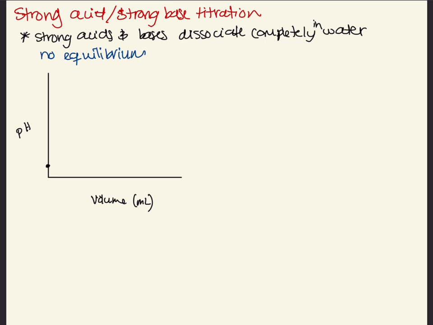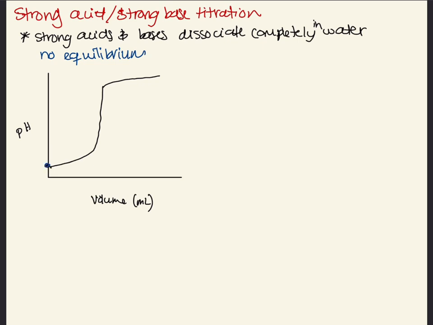But we'll see later on where you can have volume of acid on your x-axis. Now, you're going to start out at a low pH, and as you add base, it's going to rise up until it shoots straight up, and then it will level off. So there's kind of 4 parts to this titration curve.